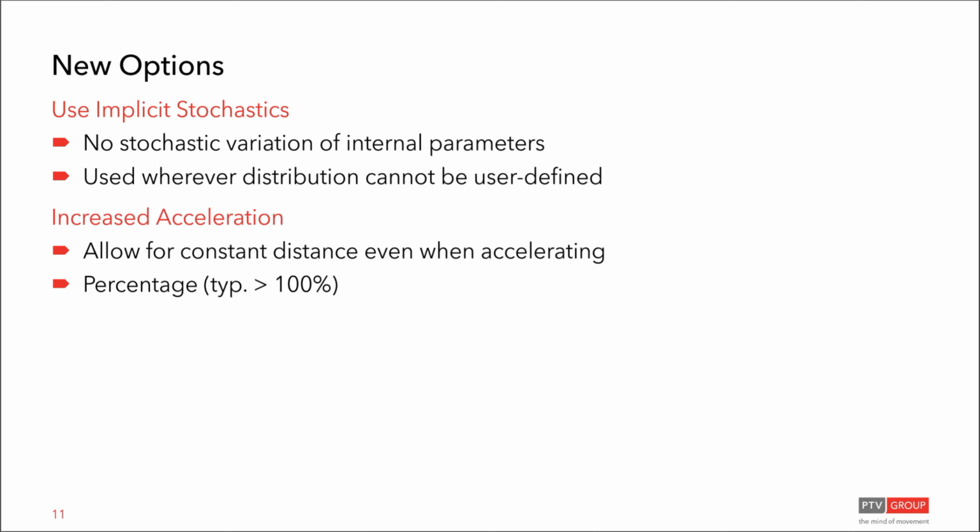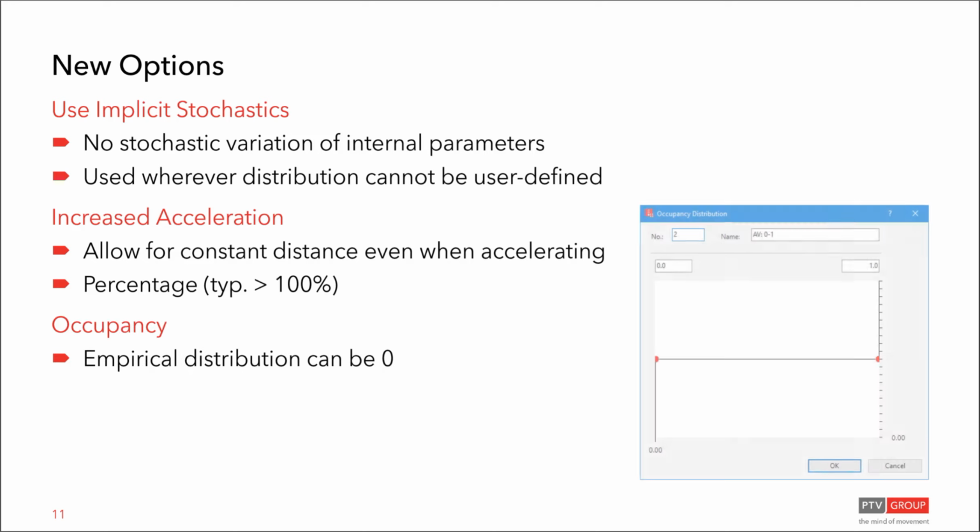Typically it's 100%, of course, but you can increase it or even decrease it. And a very simple one, but now for occupancy distribution, you can use the value 0, meaning no human driver is in a vehicle, which we were not able to do before.